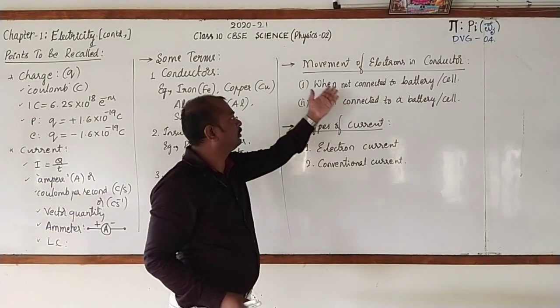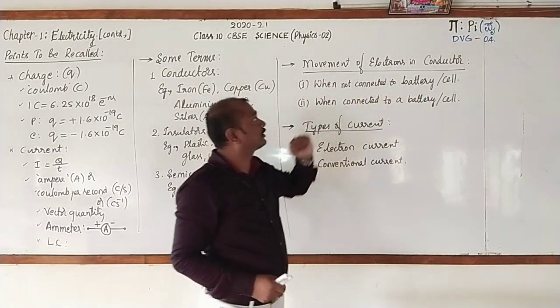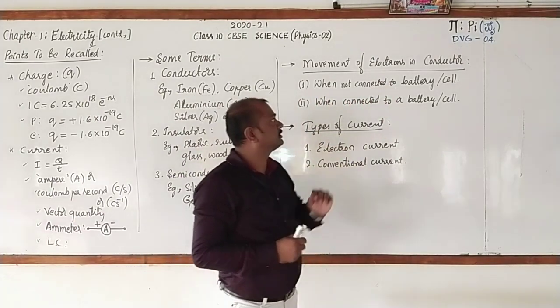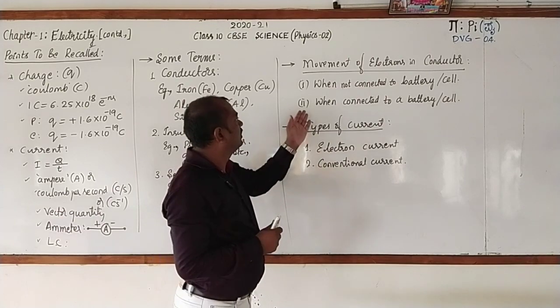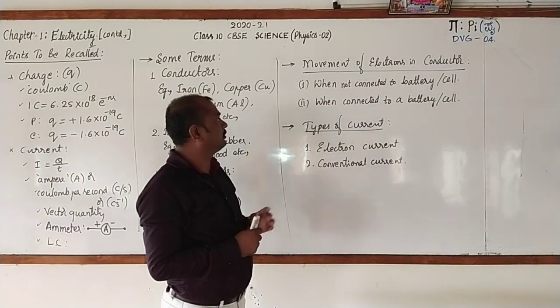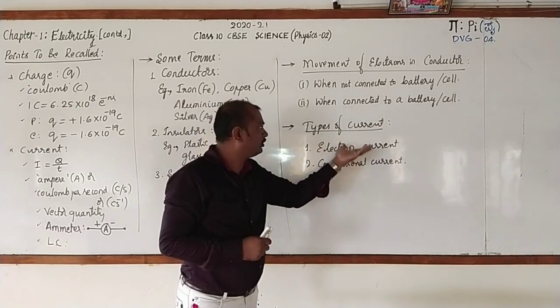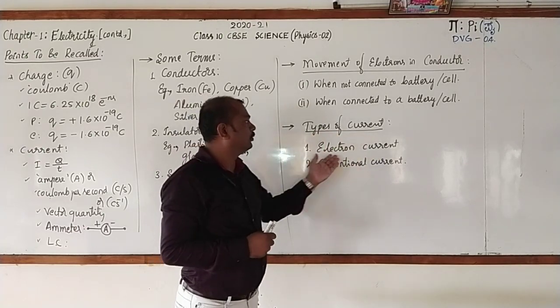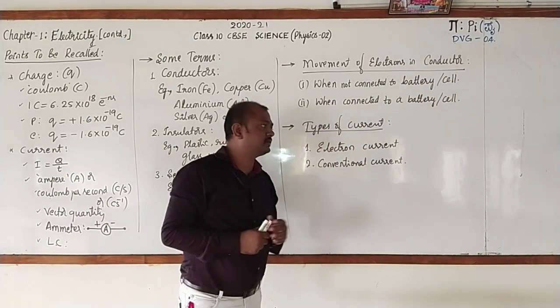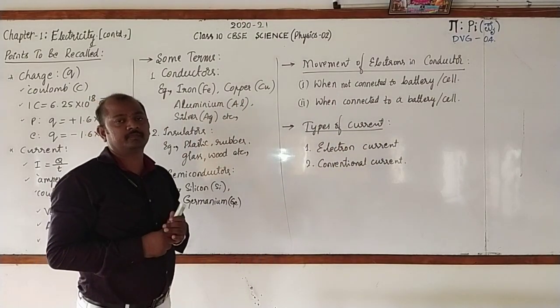Then we have come to know the movement of electrons in a conductor when connected to terminals of a battery or cell, and when not connected. Then after that we have come to know there are two types of current. One is electron or electronic current, and the second one is conventional current.